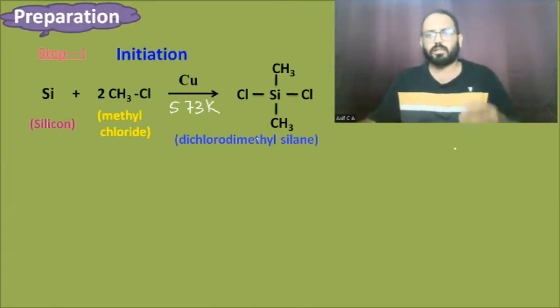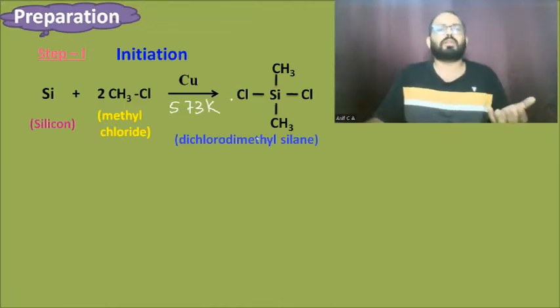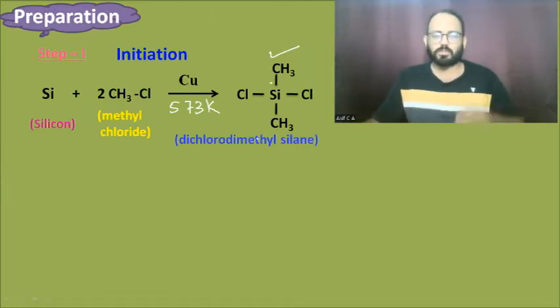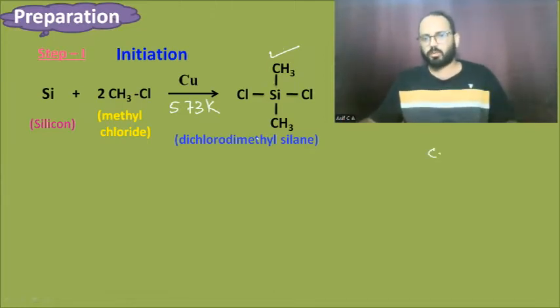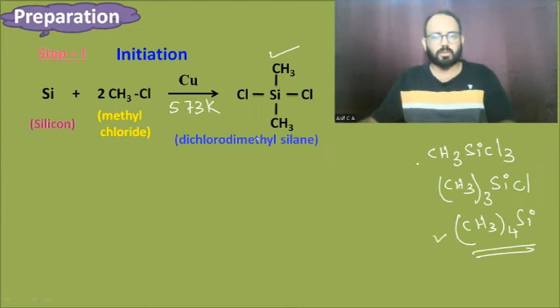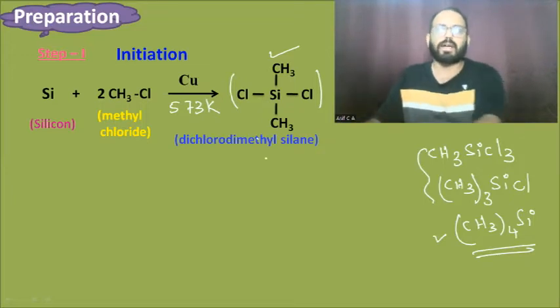One methyl group, two methyl groups, three methyl groups, even four methyl groups may come in the product. What we need most importantly for the preparation of silicones is this one, so we are taking this one to proceed. You can get CH3SiCl3, (CH3)3SiCl, or (CH3)4Si, the last one being very minimal. These may come as by-products, but the most important for us is dichlorodimethylsilane.